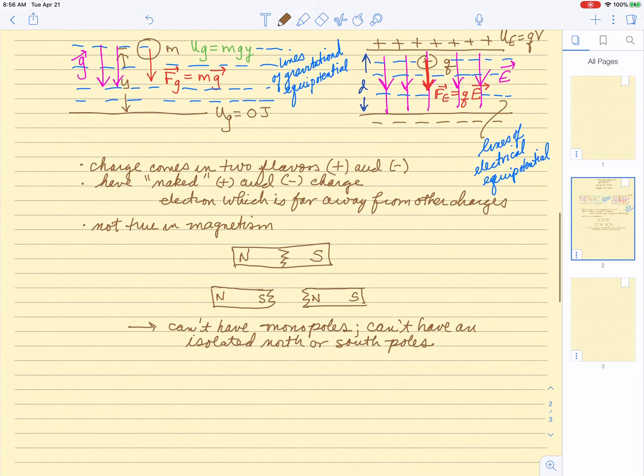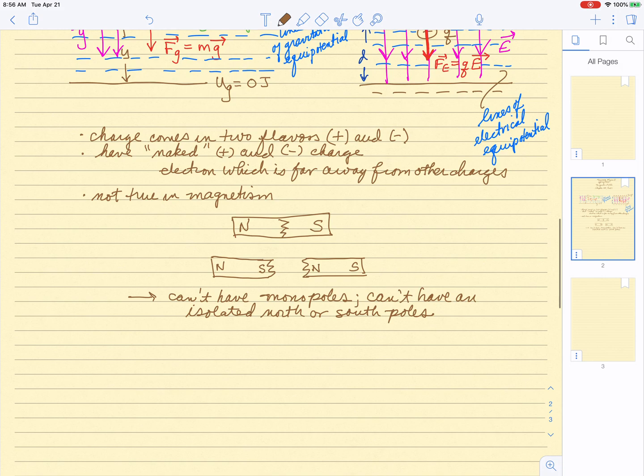So there are some theories that predict the existence of monopoles, but as of this YouTube video, there has been no experimental evidence that has concluded that monopoles exist. And again, it's a rather interesting area of research.